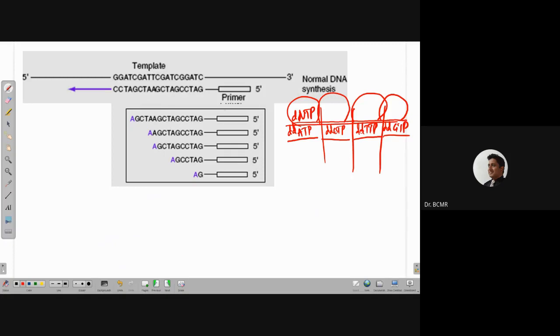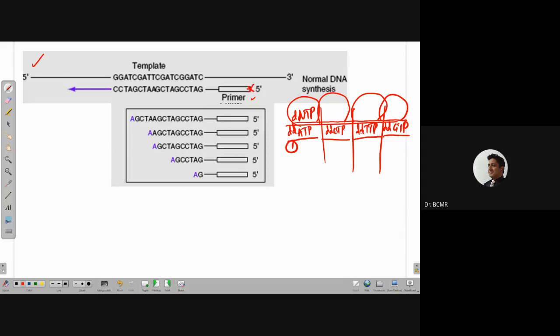Let's look at what would happen in reaction 1 here. One will need a template and a primer, and the primer should be end labeled.